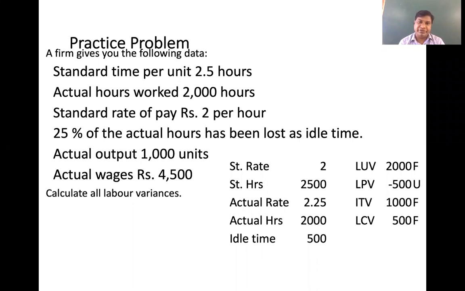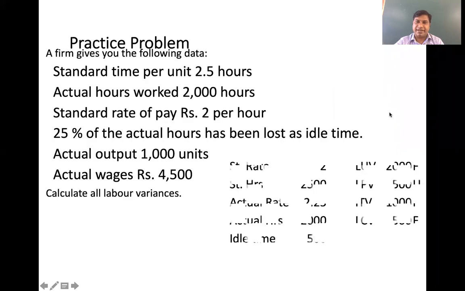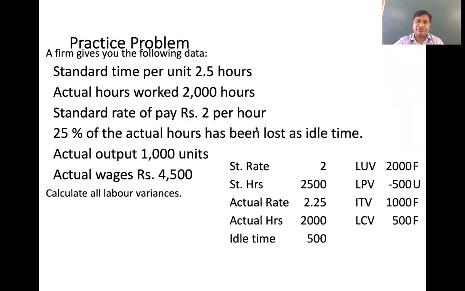Done? Okay. Now let's come to the next variance: labor usage variance. Labor usage variance is equal to standard hours minus actual hours, into standard rate. Standard hours, 2,500.